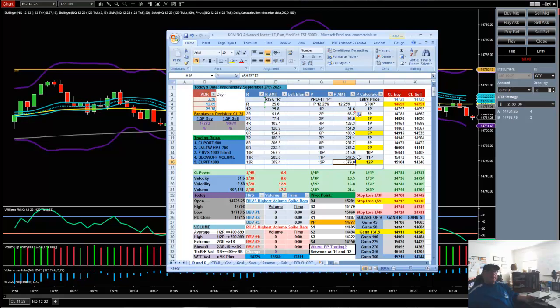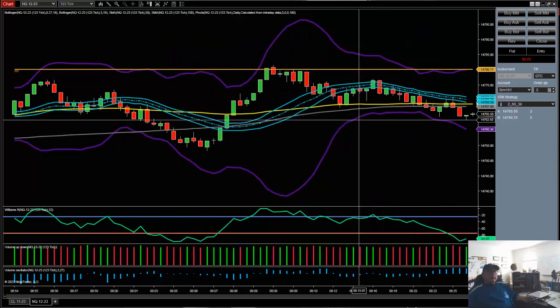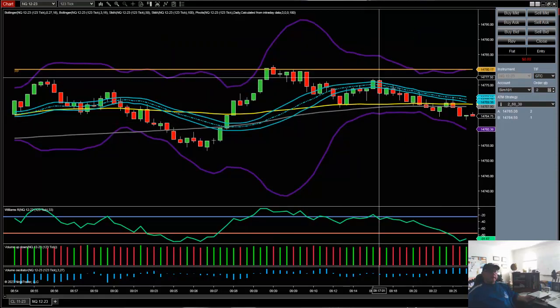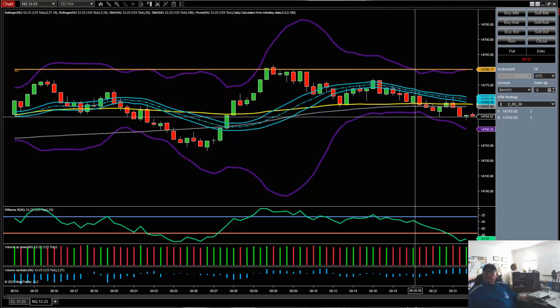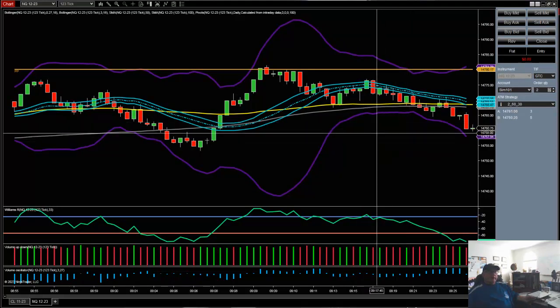Which seems to happen an awful lot in NASDAQ. You get these big moves. That spreadsheet was based upon when I was trading in crude oil. But the ticks are correct and the stop is correct.